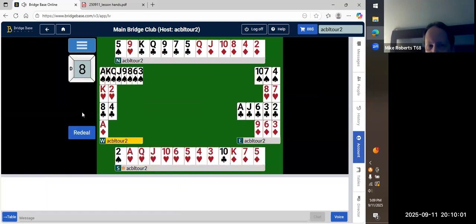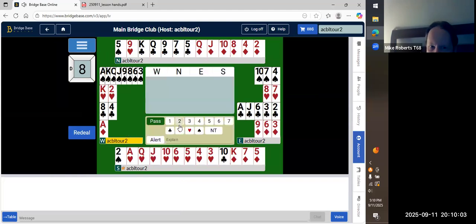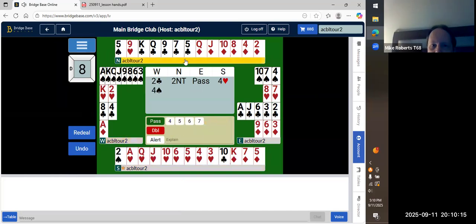Without a 4-no trump bid, let's say that on the assumption that West opened 2 clubs and we just bid 2-no trump or 3 diamonds or something like that, this hand had probably bid 4 hearts, 4 spades, pass, 5 hearts. Now you can sort of see that East West are in a better position.